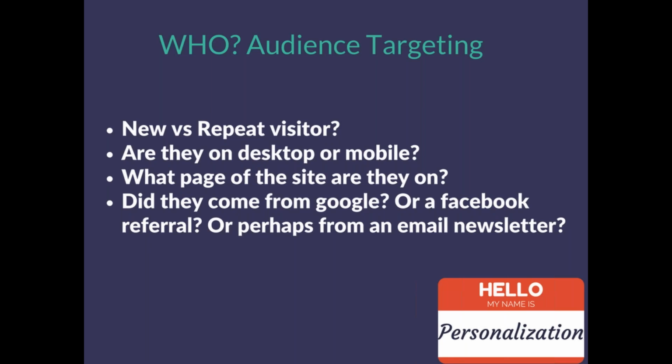Did they come from a Google search, or maybe a Facebook referral, or even from a link in your newsletter, right? You could imagine that based off the answer to any of these questions, you might decide to show them a form, maybe Form A versus Form B, or, in the example of coming from an email newsletter, maybe you don't want to show them a form at all. So you've all heard the buzzword personalization, and this is taking baby steps to think about who you want to get your forms in front of.